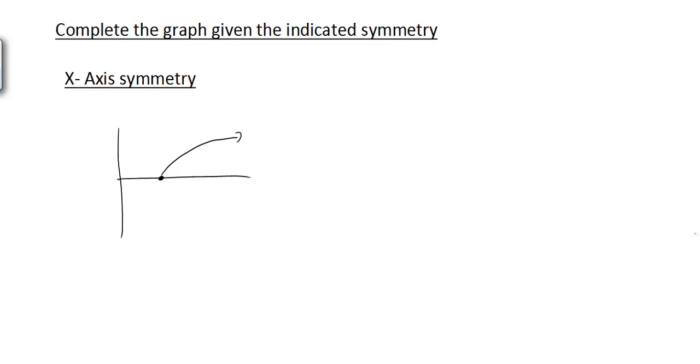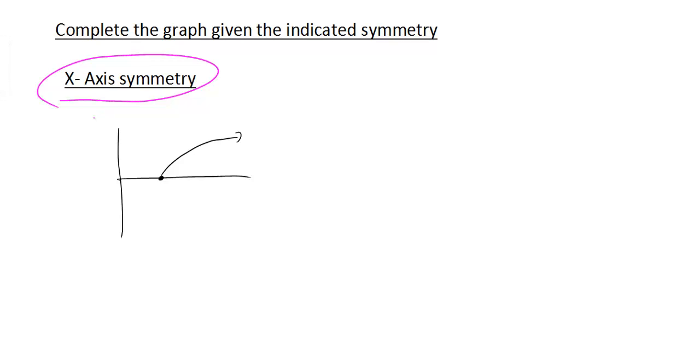All right, I have another example here where we want to complete the following graph given that we have the indicated symmetry. So here we have part of the graph, and it says that it is symmetric to the x-axis. So how do we complete the rest of this graph?